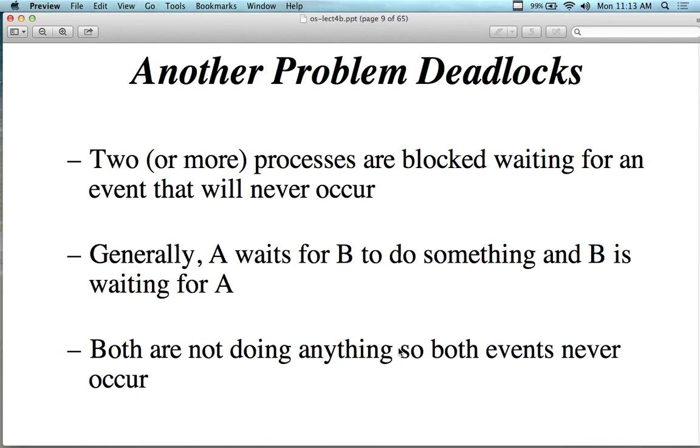The other problem we looked at, and we'll see more examples today, is deadlock. You need more than one process to deadlock. It's two or more processes waiting for each other. We also have a situation not on the slide called a circular wait. That's when one process is waiting for another process that's waiting for another, and it's all in a circle, so everybody's deadlocked.